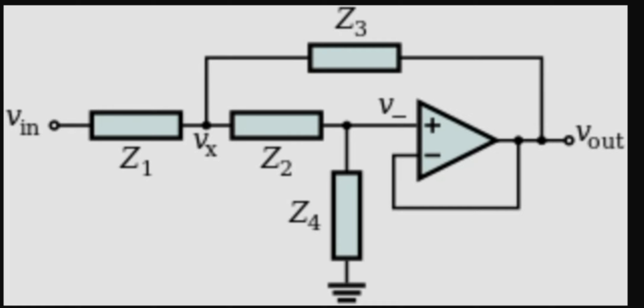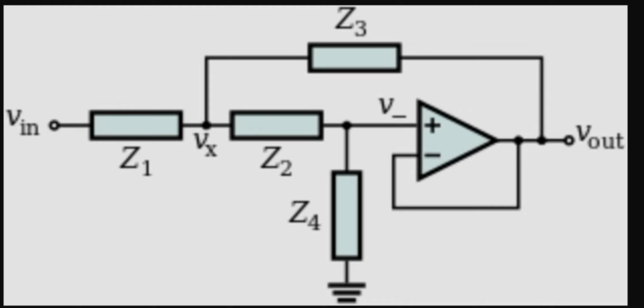So when you apply an input signal, that is voltage or current, that has amplitude and frequency, depending on what kind of filter you realize, whether it is low pass or high pass, your output will be in proportion to that. Let's say Z1 is a resistor, Z2 is a resistor, Z3 is a capacitor, and Z4 is a capacitor. That makes the circuit a low pass filter with Salen-Key topology.